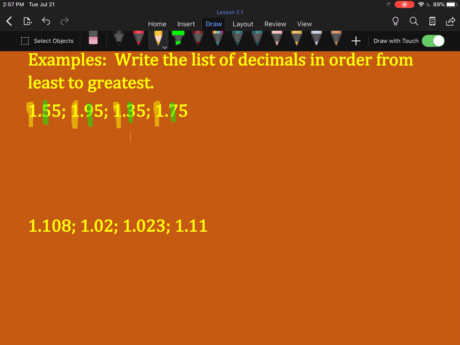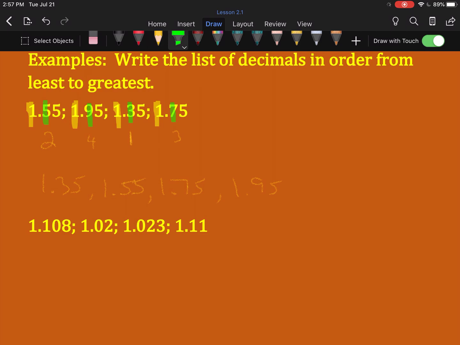Which means this is going to be the first number, because 3 is smallest, 5 is second smallest, 7 is third smallest, and 9 is biggest. So from least to greatest, this is 1.35, 1.55, 1.75, and 1.95.